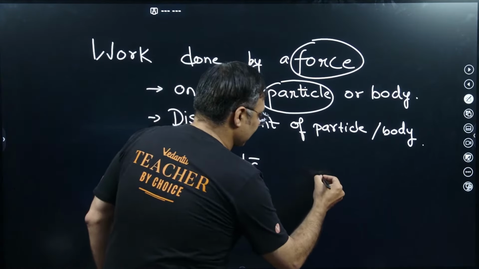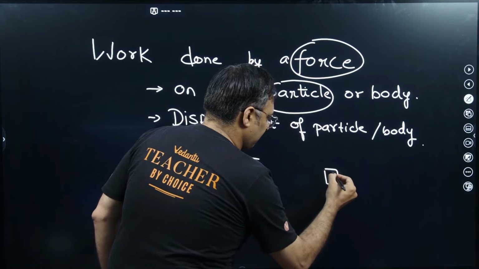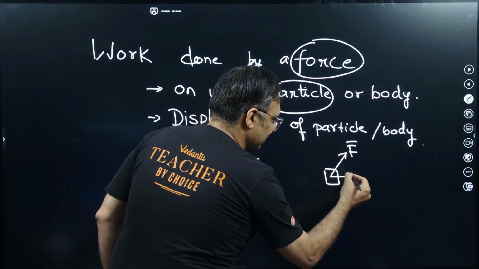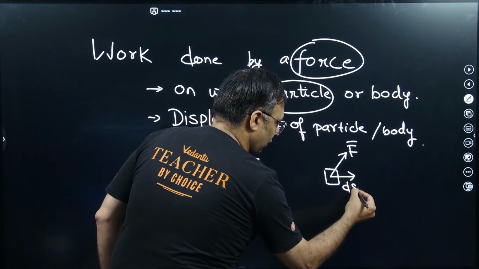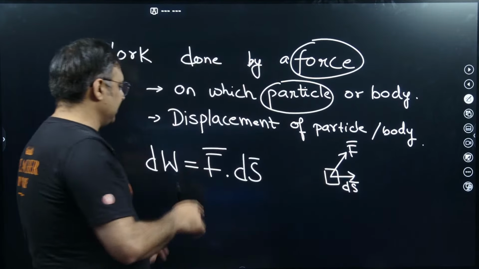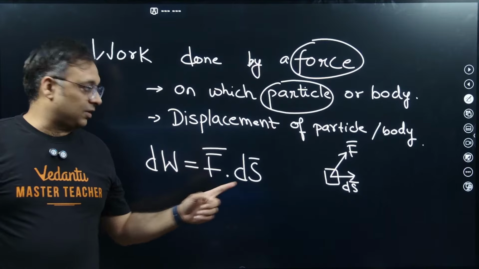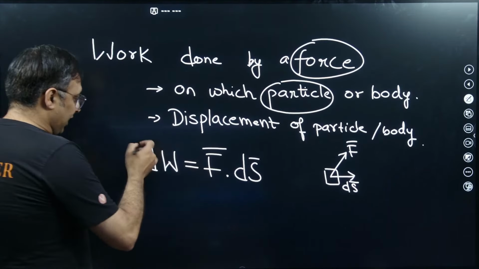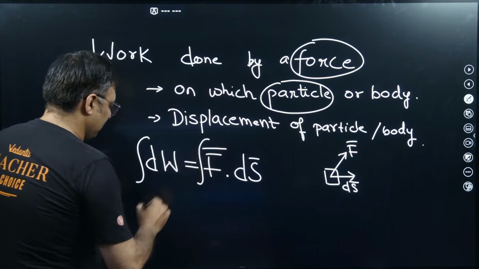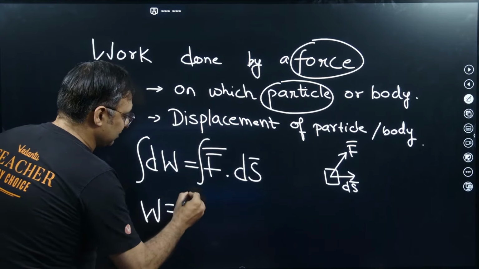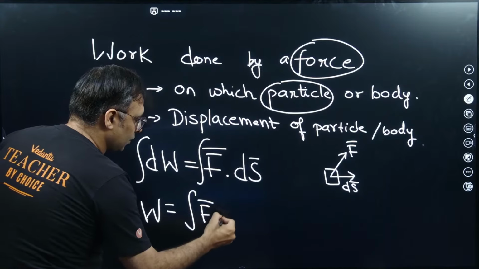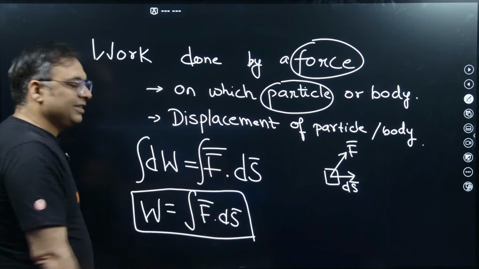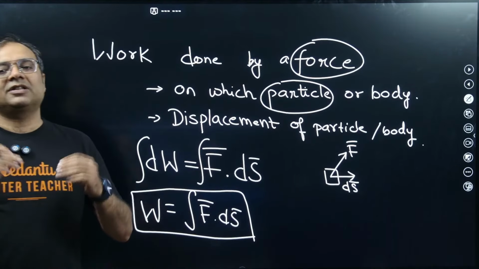Let's say this is the body, this is the force acting on it, and as a result there is a small displacement of this body. So this work done is F vector dot ds vector for this small displacement. But if displacement is bigger, that means you have to integrate to get the total work done. So the general definition of the work done calculation is integration of F vector dot ds vector.